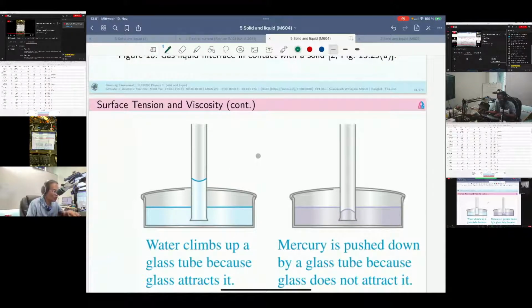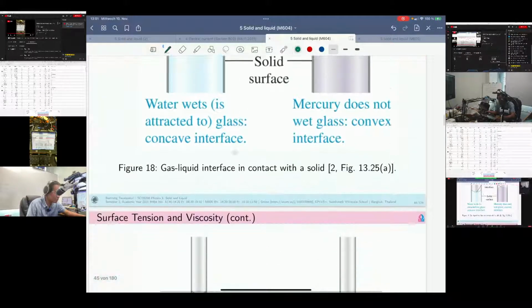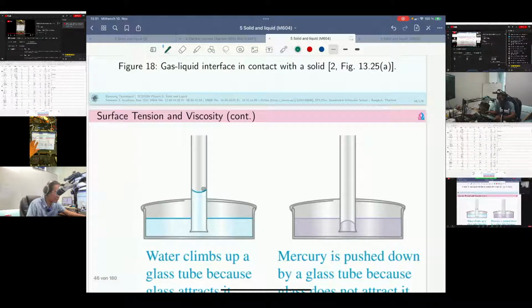Not only are the shapes of the surfaces of water and mercury different, but also the height, how they align inside the capillary tube when the capillary is laid down inside a big bowl, a big container of those two liquids.